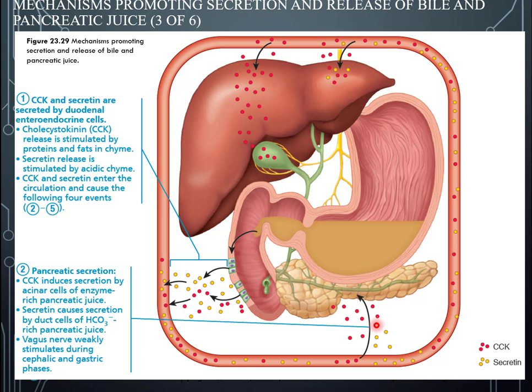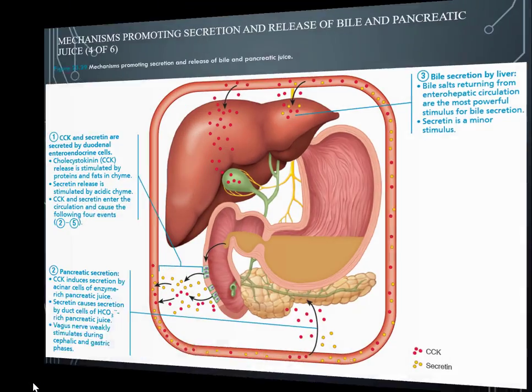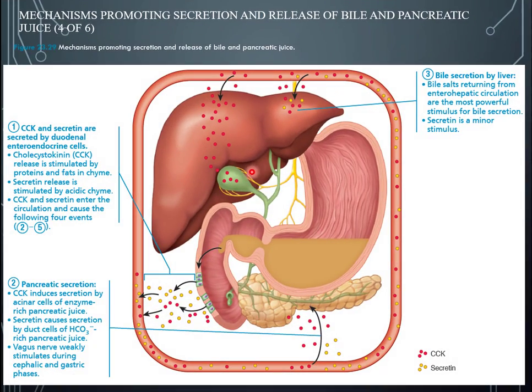And the vagus nerve weakly stimulates during the cephalic and gastric phases. Bile secretion by the liver: as bile salts are returned from the enterohepatic circulation, it becomes a very powerful stimulus for bile secretion. Secretin here is a minor stimulus in the secretion of bile.